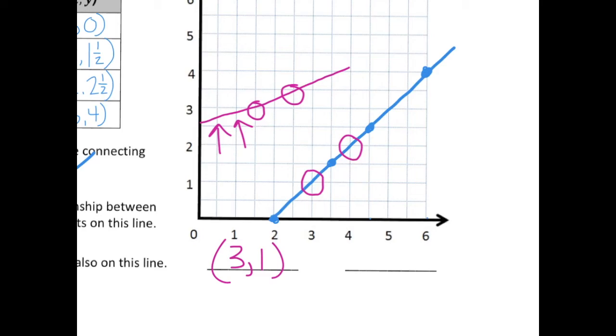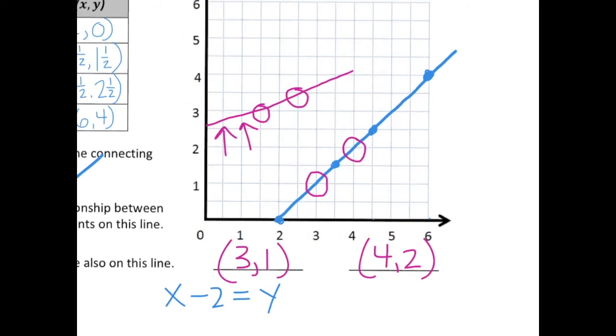So I have 4, 2. And if you think back to our rule of x minus 2 equals y, we can see here that 3 minus 2 equals 1, which is our y. 4 minus 2 equals 2, which is our y. So our rule does work.